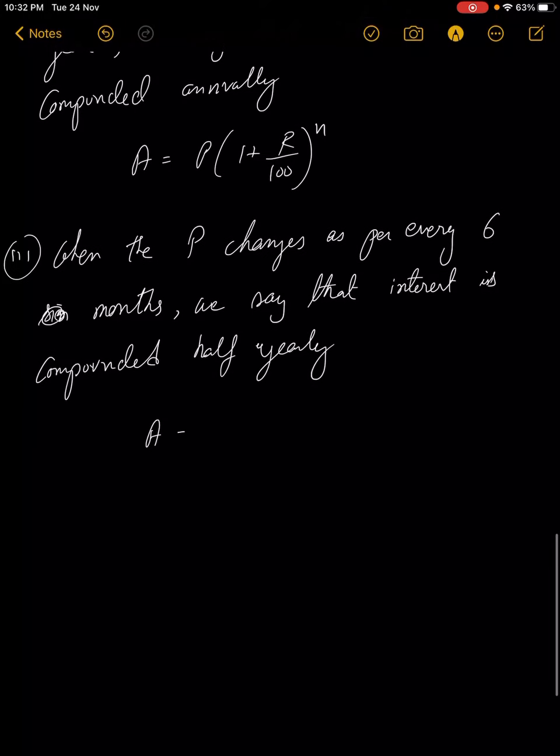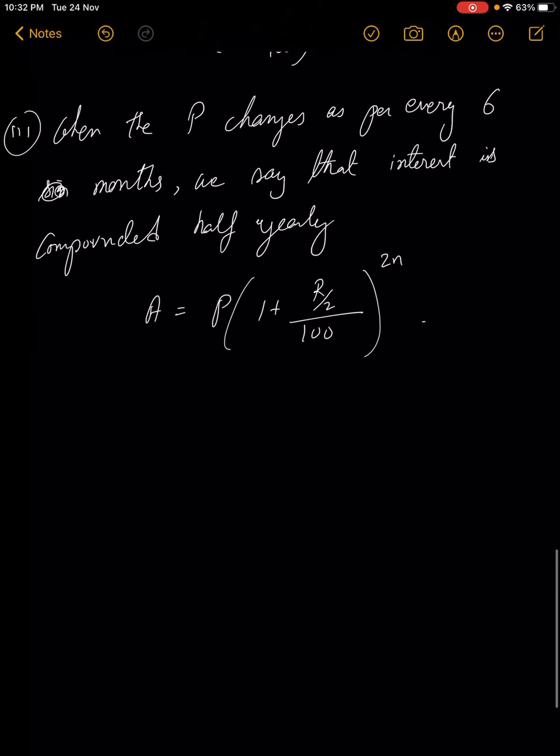So in that case, the amount will be principal into 1 plus r by 2 upon 100 whole power 2n. Okay, that's how you can do it.